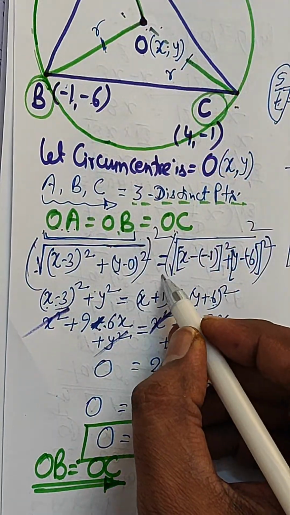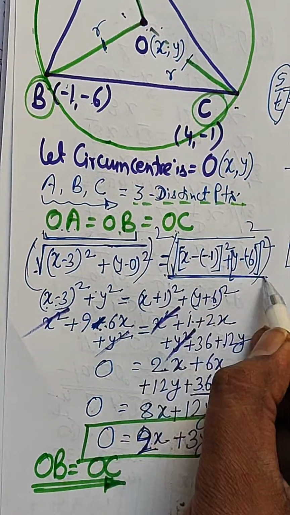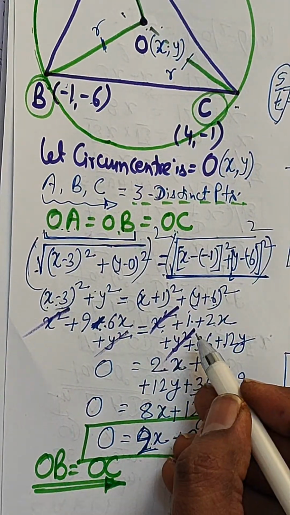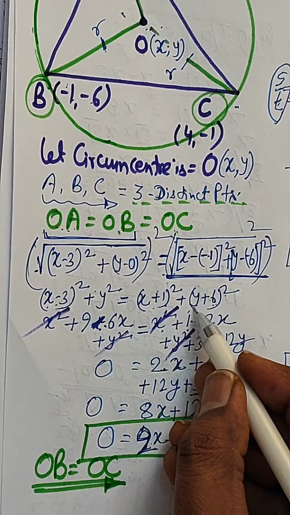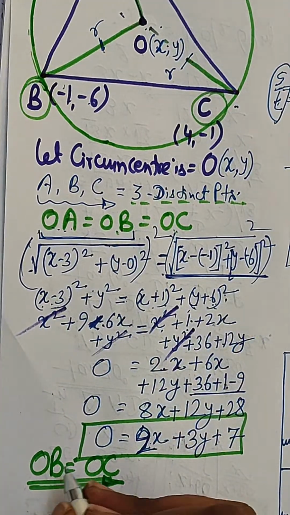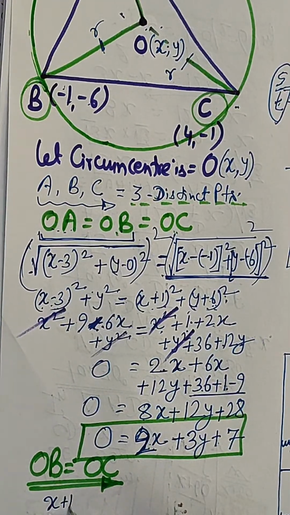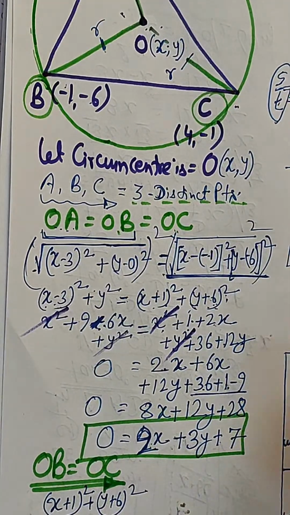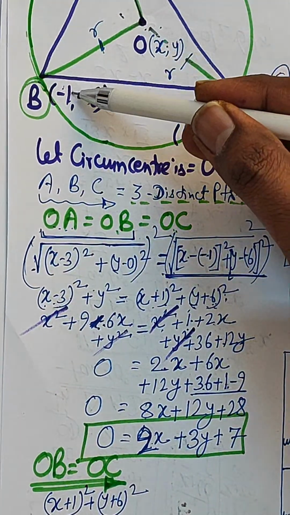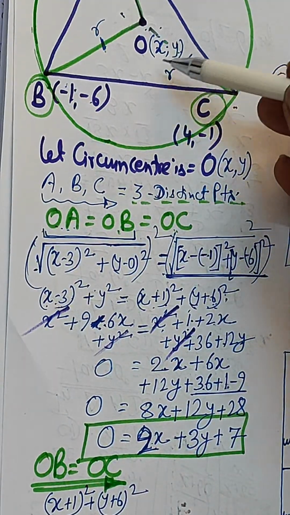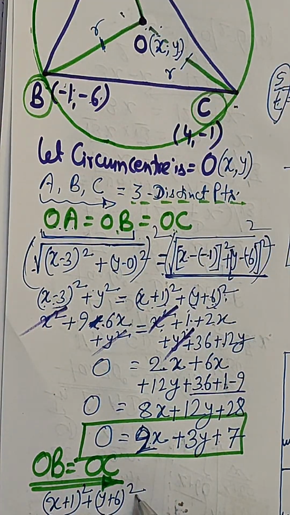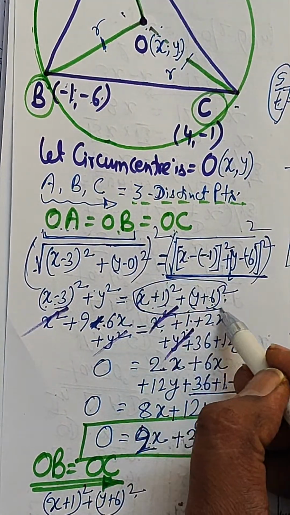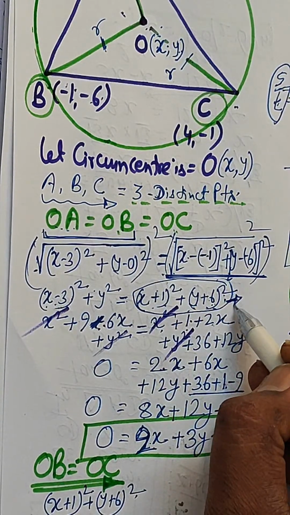So that is OB is already known to you, this we have already calculated, and that is coming as x square plus 1, this is x plus 1 whole square plus y plus 6 whole square. Just write OB, that is x plus 1 whole square plus y plus 6 whole square. Why? x minus minus 1, that is x plus 1, y minus minus 6, that is y plus 6 whole square, and root over of all this. So we have already calculated here, this is the length of OB.